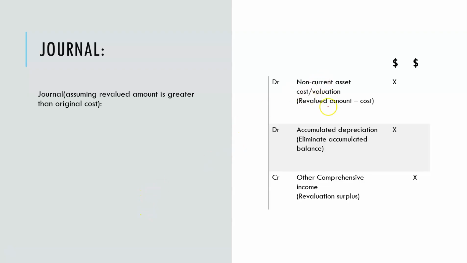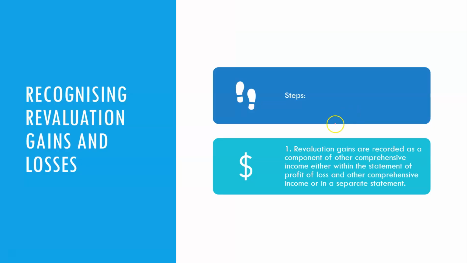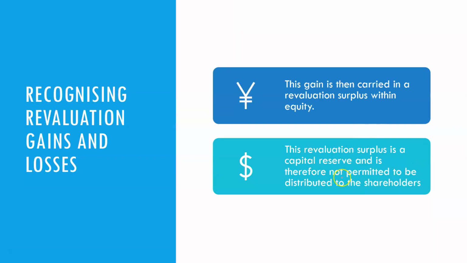So these are the journals, but I'll do an example in a second, so you can see how it's going. But again, recognized within other comprehensive income. Again, it's important to remember that this revaluation surplus is a capital reserve and not distributable to shareholders. If you remember your statement, you have revenue reserves and you have capital reserves.